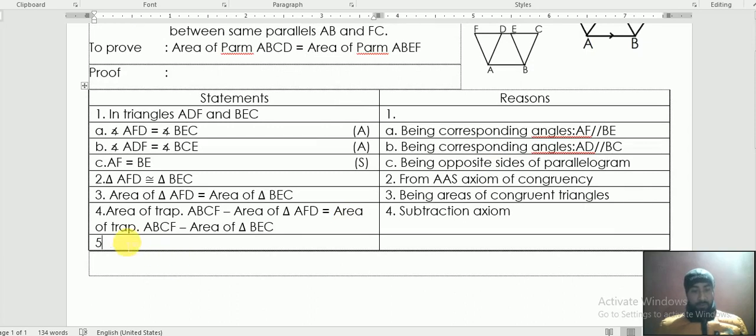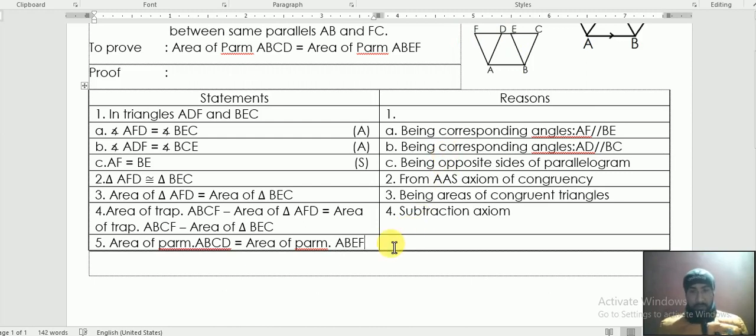So we write here: area of parallelogram ABCD is equal to area of parallelogram, and if you subtract this triangle, then you get ABEF.